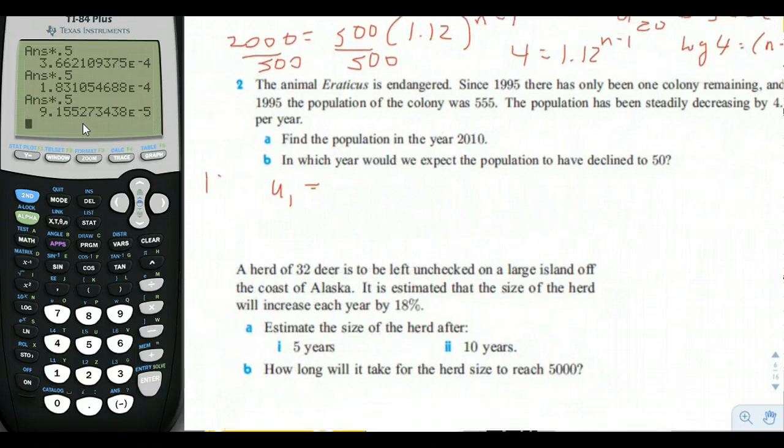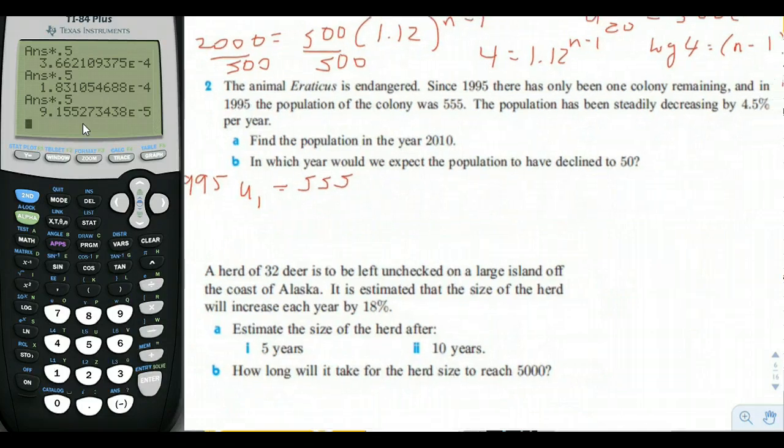Let's say 1995 is u1, would be 555, and then it's been decreasing by 4.5% per year. A 4.5% decrease would be the same thing as 100% minus 4.5% for r, which is basically 95.5%, which is 0.955. So we do 1 minus 0.045 to get this, okay?